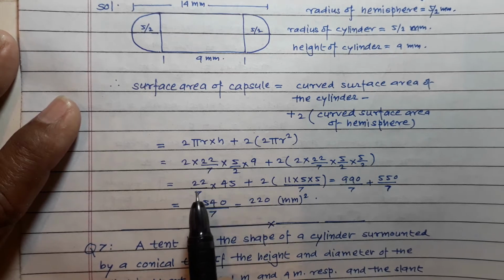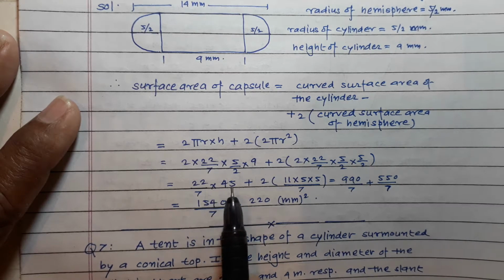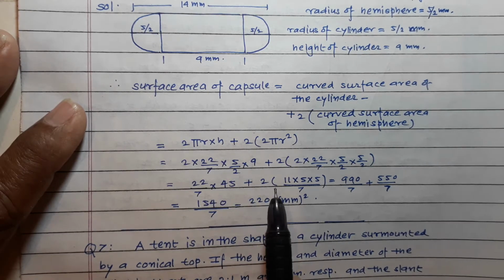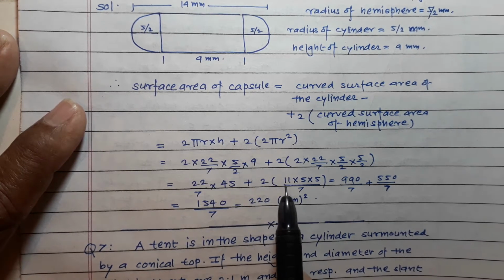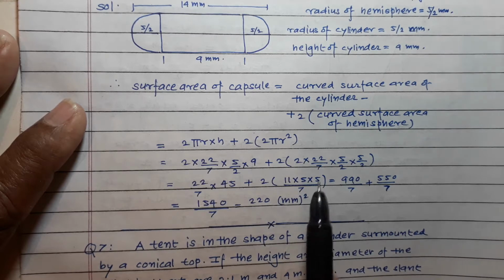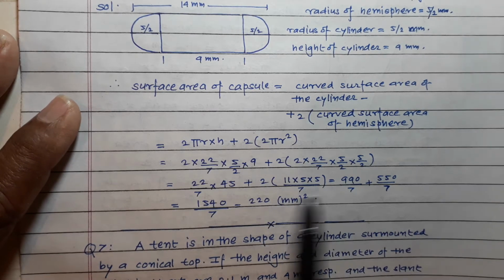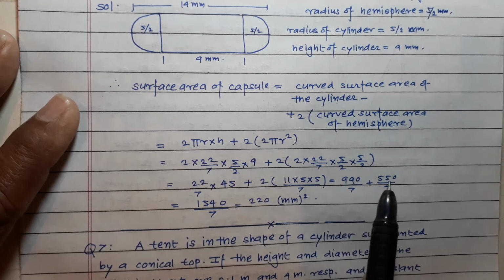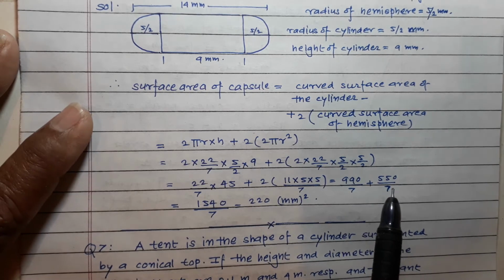So in this case, 22 upon 7 into 45. I simplify this plus 2 into bracket 11 into 5 into 5 upon 7. This is equal to 990 upon 7 plus 550 upon 7.